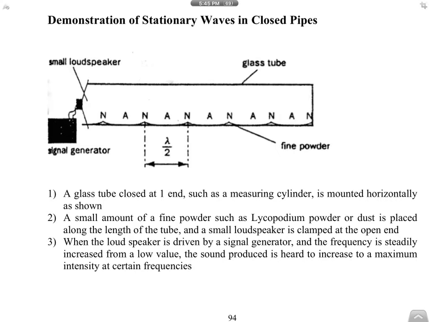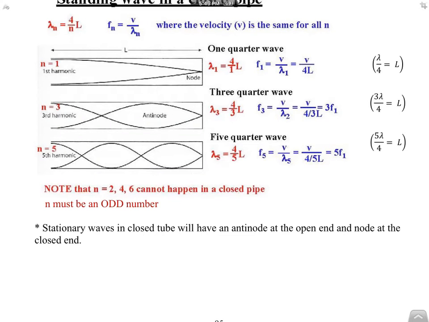Okay, so now let's see how to predict the frequencies and the wavelengths again. Now, for a closed tube, there's some rules to follow. If I were to draw a closed tube like this, no matter what happens, this side must be an antinode, because this is where the sound comes up from the speaker. So it's free to move.